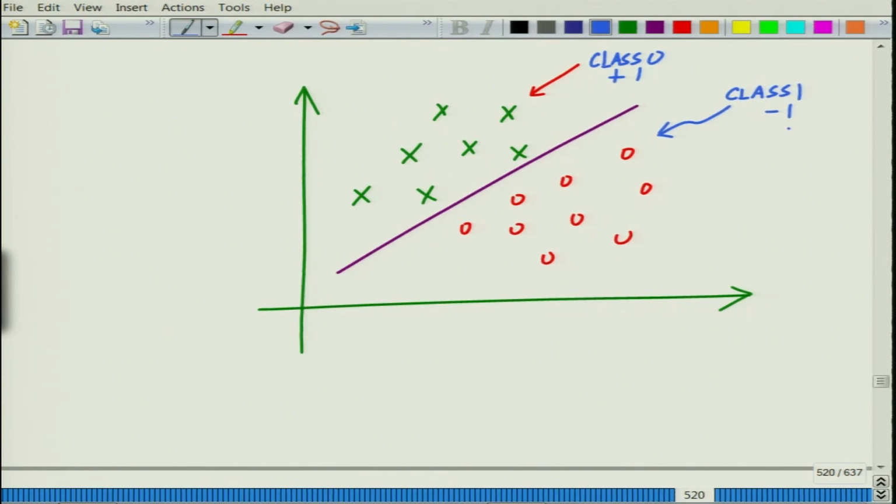We will look at more of this later, and so this is basically a partition, right. So, you are partitioning your data into two classes, and this is also basically a binary classification, right. You are classifying your data into two types, class 0 and class 1.